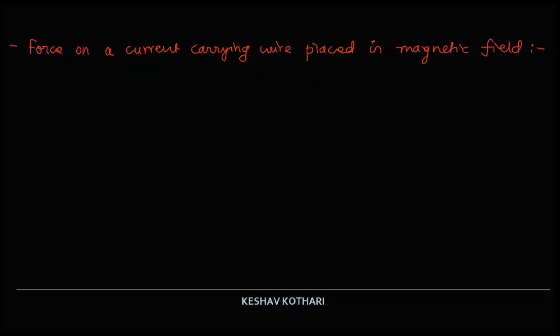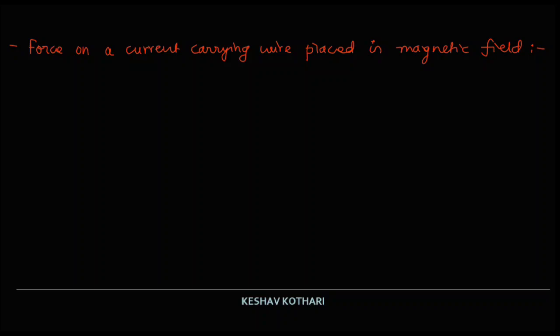So in order to begin understanding this, we are considering that the current carrying wire is basically designating a large number of electrons that is moving through this wire.